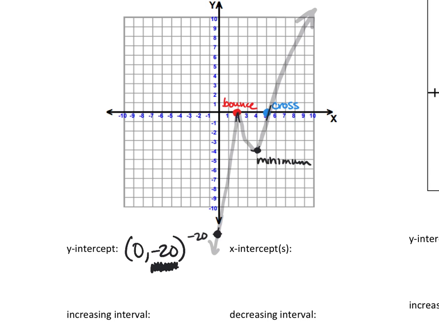Same with x-intercepts. You have an x-intercept at the coordinate point 2, 0 and at 5, 0. But there is a strong possibility that when you're answering this question, it just wants these numbers. So that's totally an option for how you can write your answer, as a full coordinate or as a number.